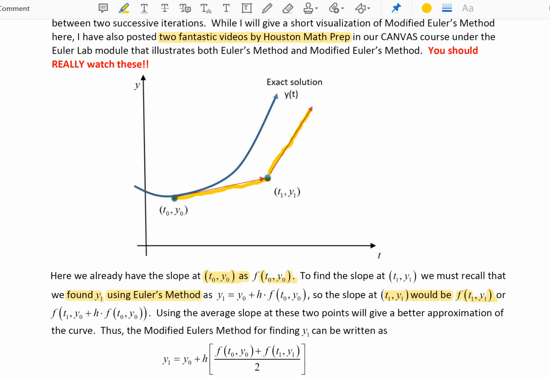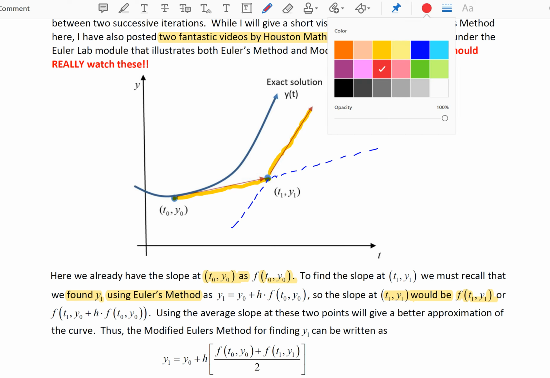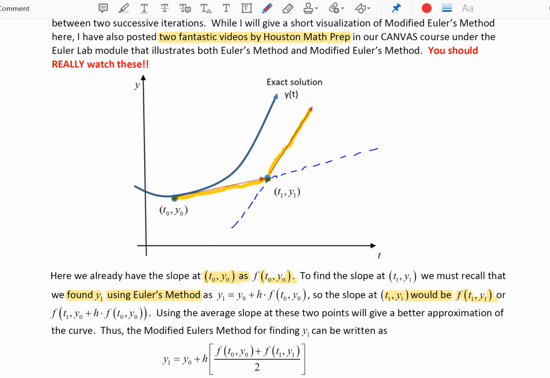Now what we would like to see from Euler's method, or modified Euler's method, is that the original slope we found at t0, y0 extends in this direction. And the slope at t1, y1 might extend back in this direction as well. What we would like to do is average these two slopes.